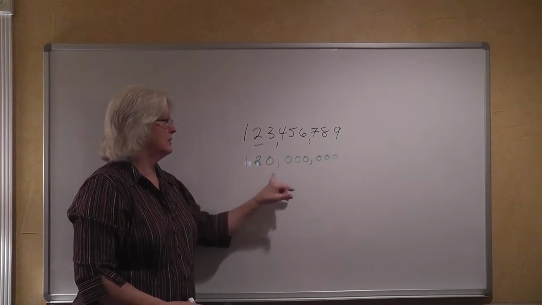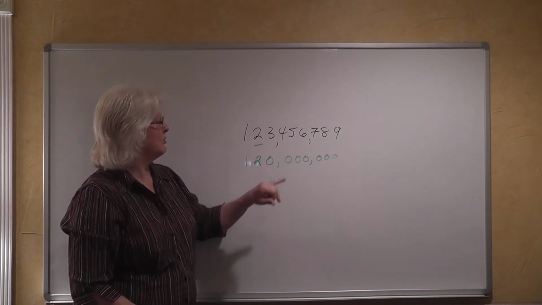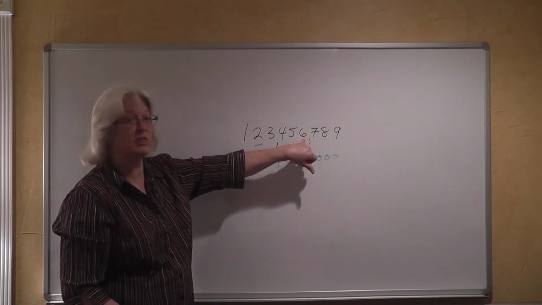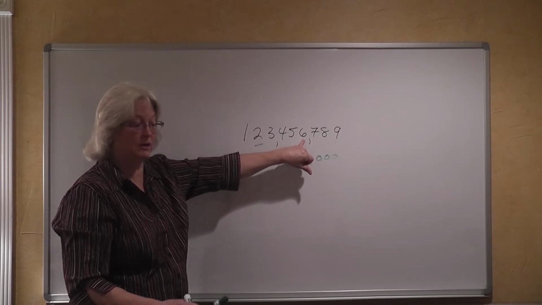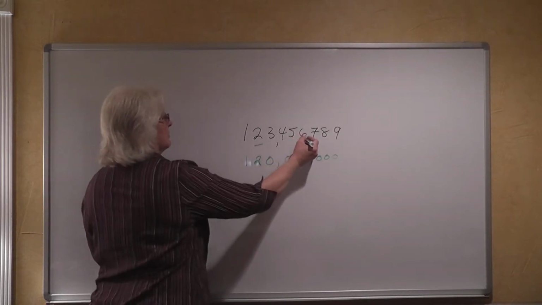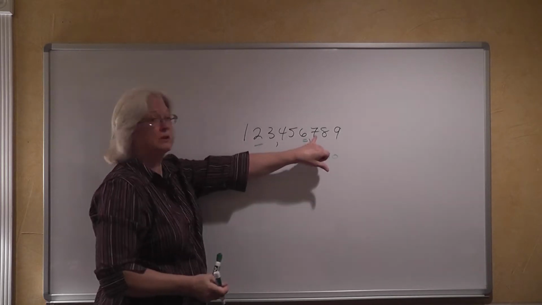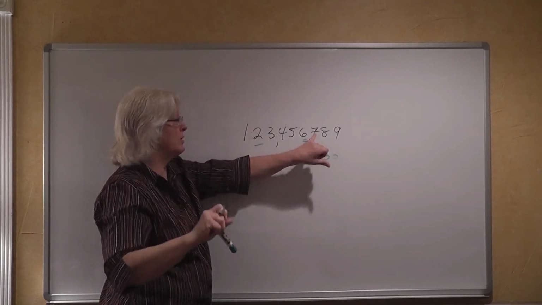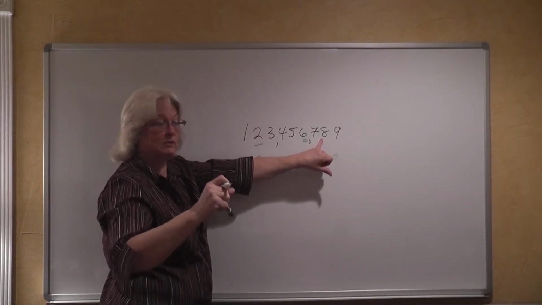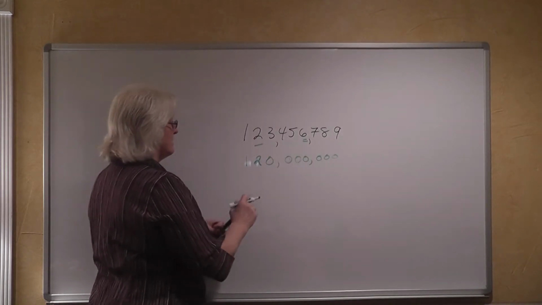120 million. If we want to round to this thousands place here, I'm really keying in on the thousands, aren't I? We're going to round to this. Look at the digit to the right, it's 5 or more. It's a 7, so this 6 is going to increase by 1.